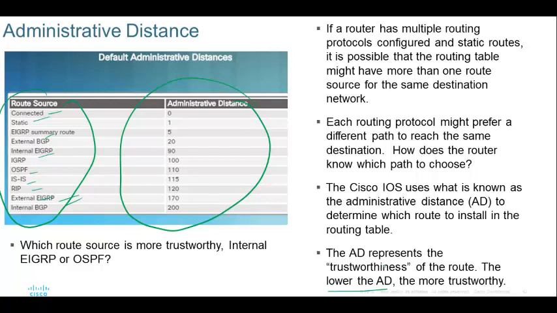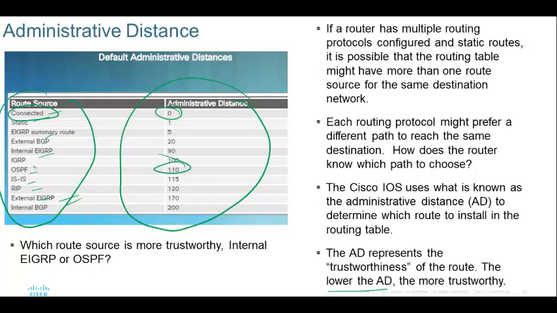How close? More close, lower. Connected is closer. You need to follow that instead of following OSPF. OSPF will say go this way, but connected says no, come this way. Which one should you follow? Connected. That is why for connected they have given a small number. So a smaller number means you trust more.